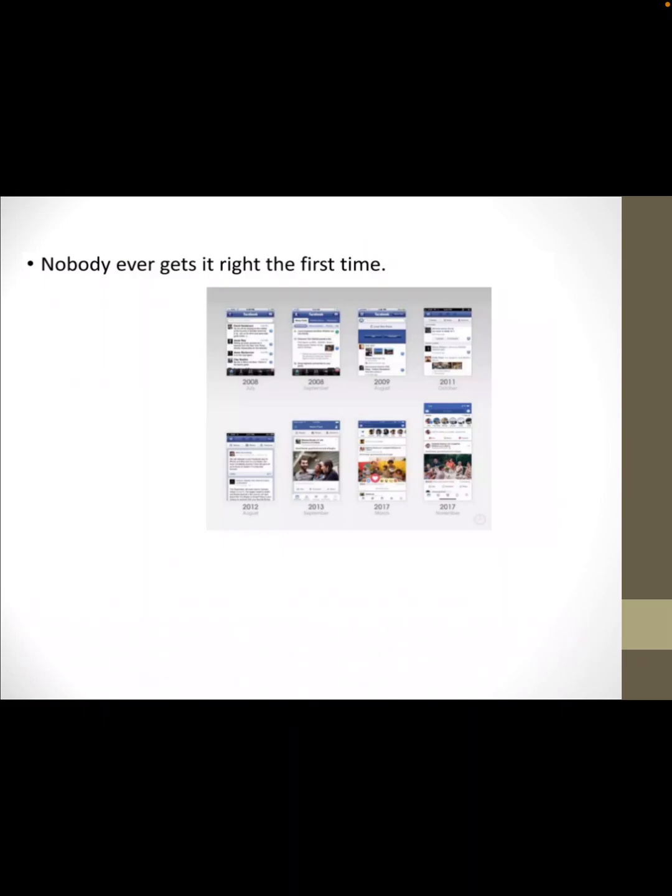We have to make a lot of changes. When we give the design to the user, based on the feedback they give we make changes, and one fine day we may get a good design that is accepted by everybody. That is called nobody ever gets it right the first time.